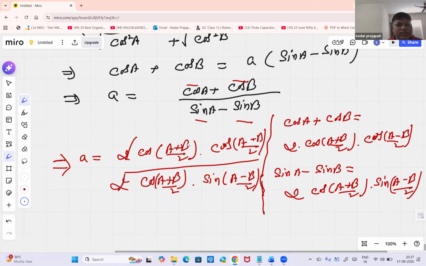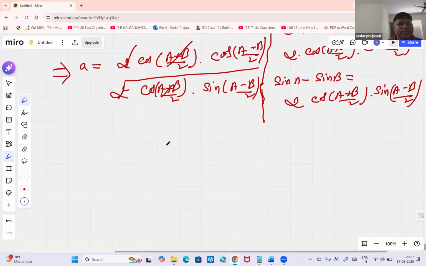This 2 cancels, this cos cancels. So now we are left with a equal to cos by sine, which is cot of A minus B by 2.